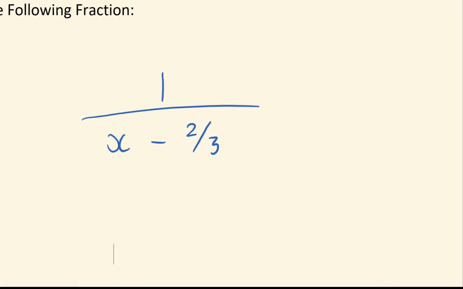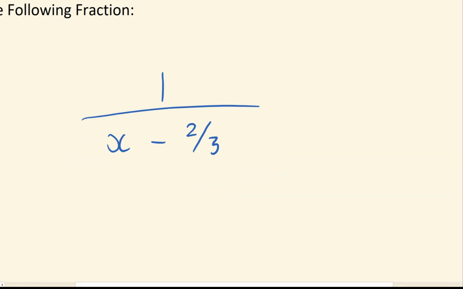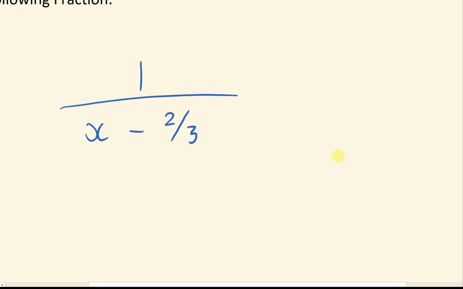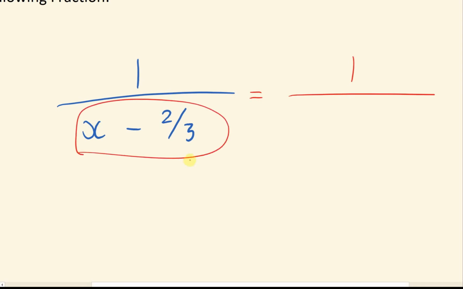Okay, so here we can't quite do that because I don't have one fraction on the bottom part of this bigger fraction. So we need to combine these two terms together by adding or subtracting algebraic fractions. This is pretty straightforward as far as that topic goes. First things first, we need to find a common denominator of these two things here. So x is basically just x over 1.